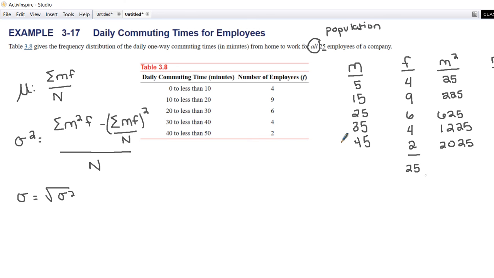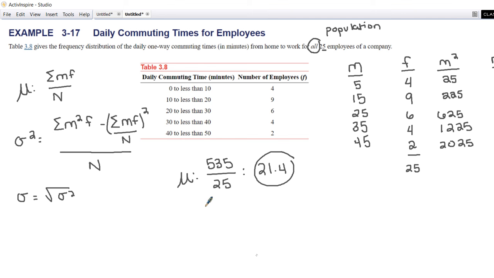So the sum of those, 20 plus 135 plus 150 plus 140 plus 90, is going to give us 535. So the sum of our midpoints times frequencies is 535, and the population is 25. So 535 divided by 25 is going to give us a mean of 21.4.